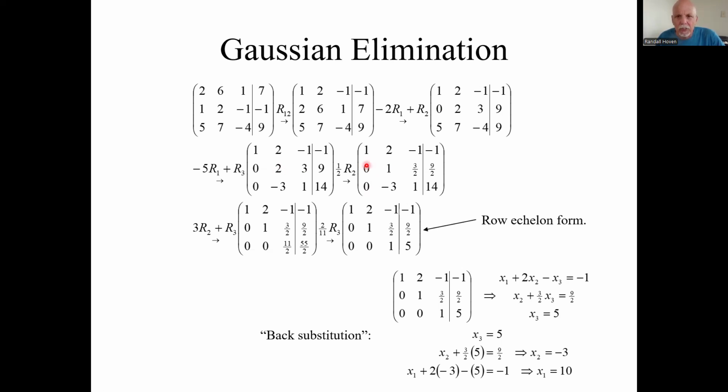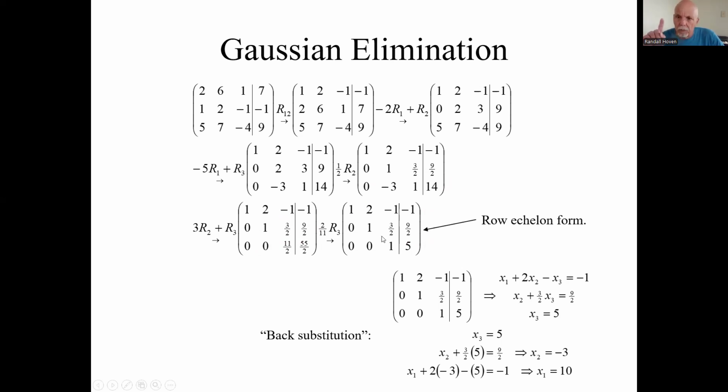I'll multiply this row by three and add it to this bottom row. Top two rows stay the same, but the bottom row does not stay the same. It becomes this. Second row stays the same. And now I'll multiply by 2/11 to make this a 1. All right? This guy is in strict row echelon form.